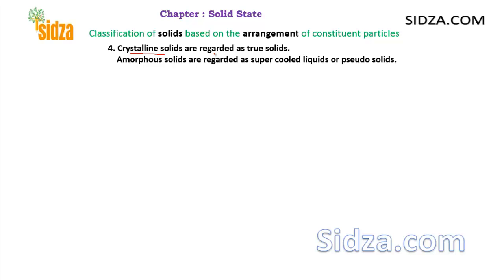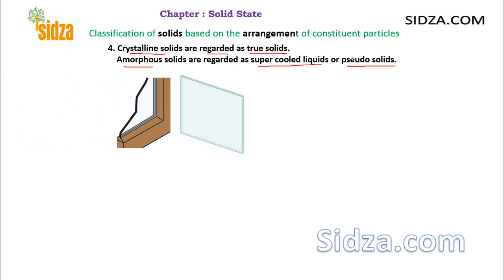Crystalline solids are regarded as the true solids, while amorphous solids are regarded as pseudo solids or supercooled liquids. The reason why: glass, as I said, is an amorphous solid, and if you take a very old glass pane, you will see that it is thicker at the bottom than at the top.